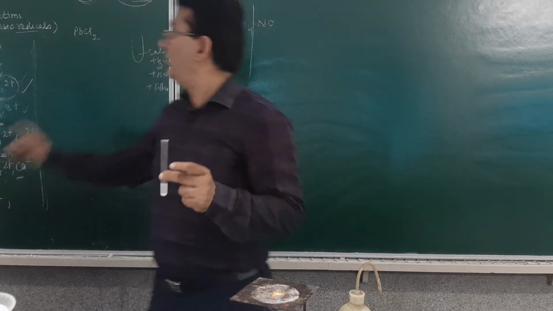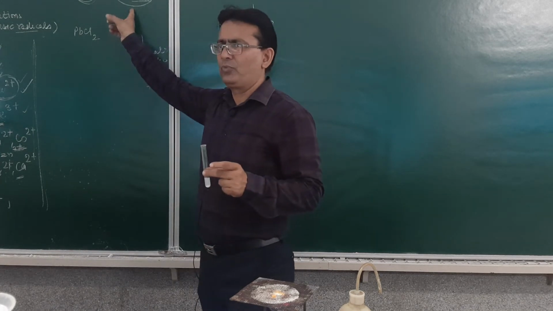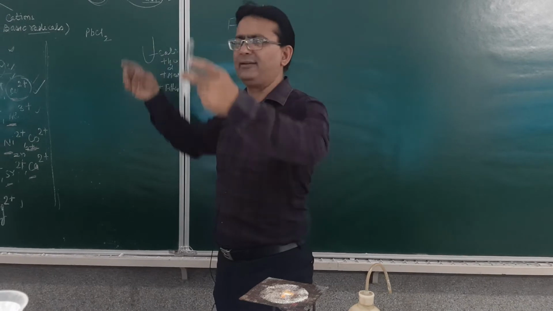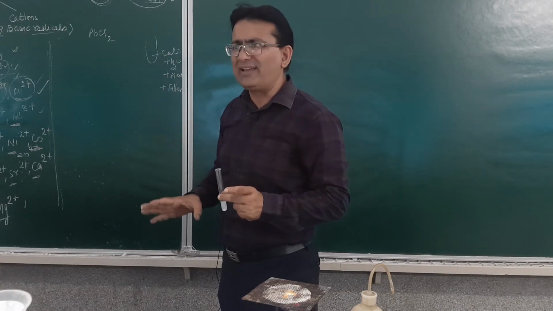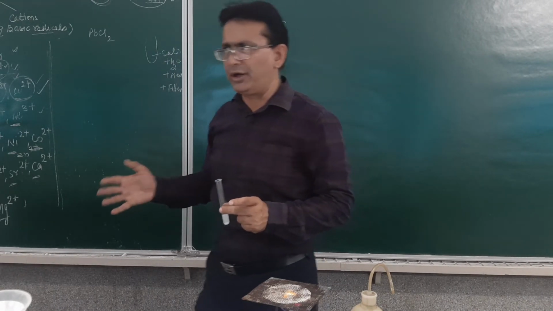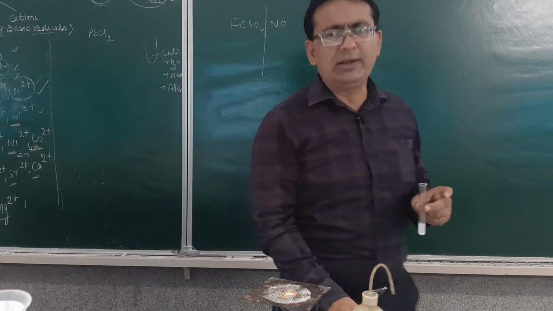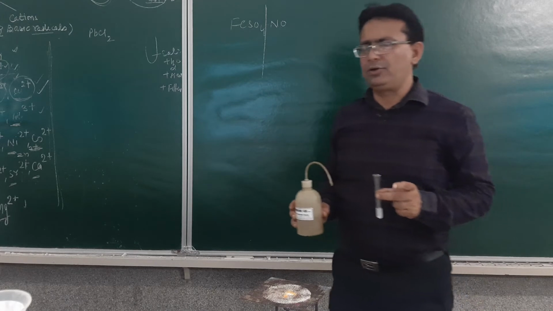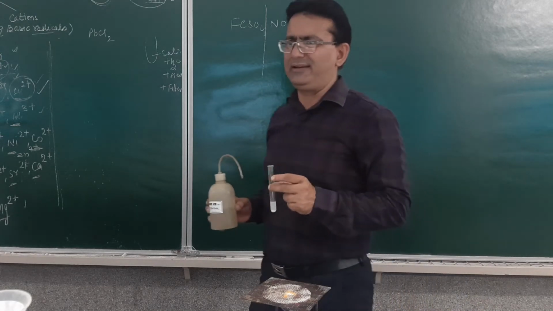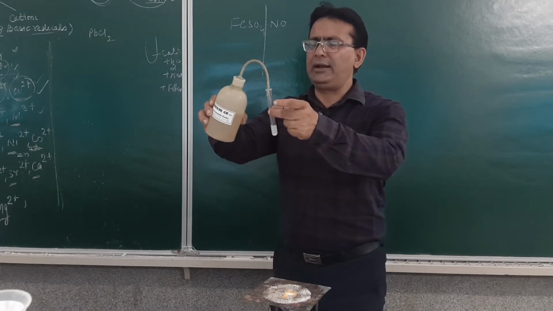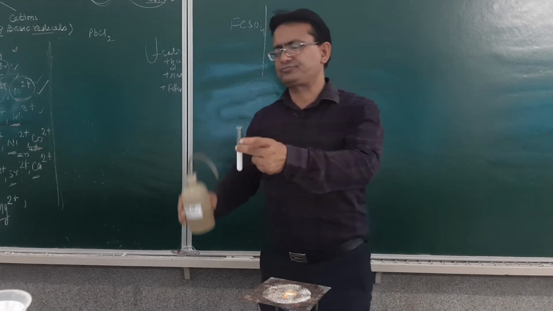Now the original solution is ready. In the study material provided to you, it is given: if it is not soluble, as it is not soluble over here, add dilute HCl. If it is still not soluble, add hot and concentrated HCl, then nitric acid. But in the first group, if we consider, you may look at the group reagent, it is dilute HCl. So we have taken the salt, we have prepared its solution, and then added dilute HCl into this.